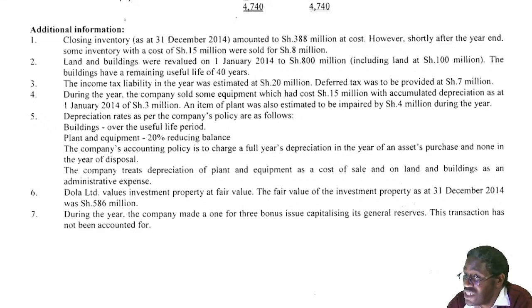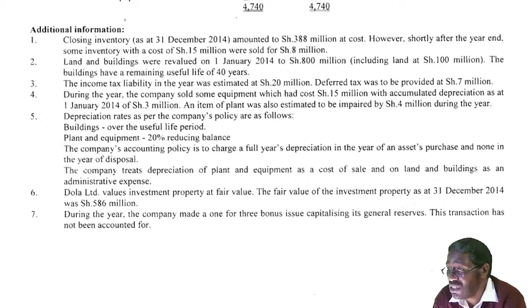If the question had said, land and buildings were revalued on 31st December 2014, then you don't depreciate it this year, you start depreciating it from next year. But the key point there was the date. It was revalued on 1st January 2014, which means it was revalued as at the beginning of this year. And as at that date, it had a remaining useful life of 40 years.